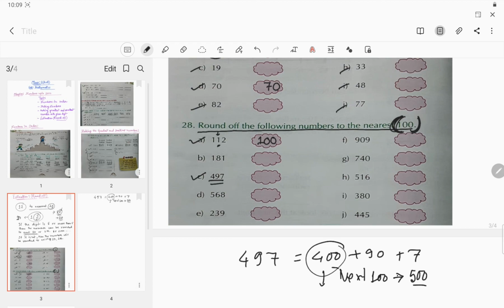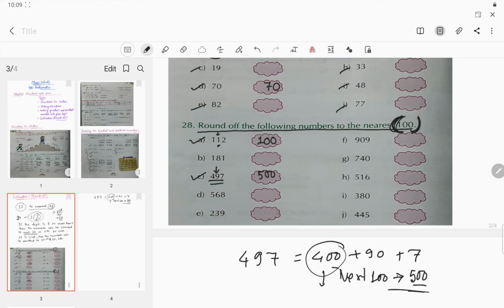So round off the following numbers to the nearest 100. So you have to check which place? Tens place. The digit is 9. That means greater than 5. Now you tell me, 497 will be rounded to the next 100. Next 100 is 500, right?